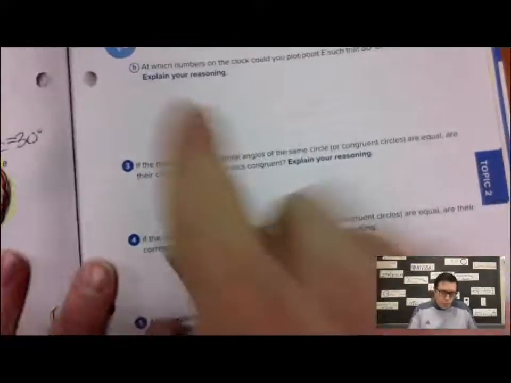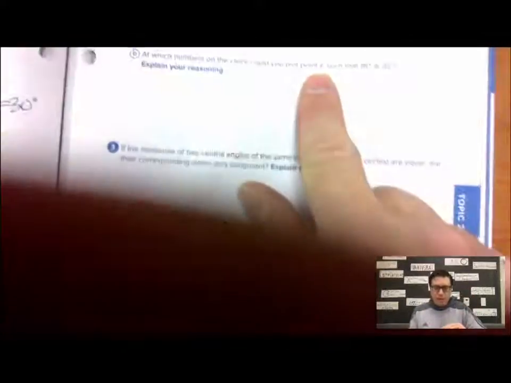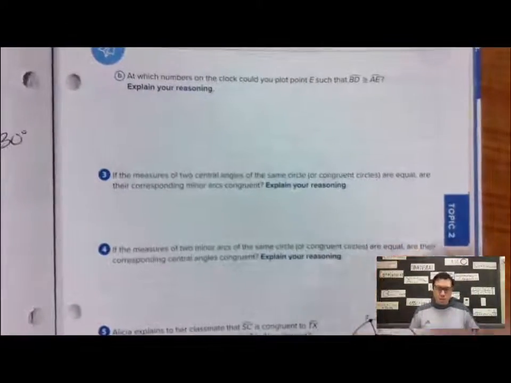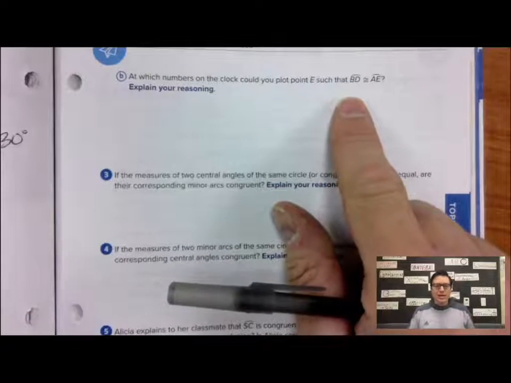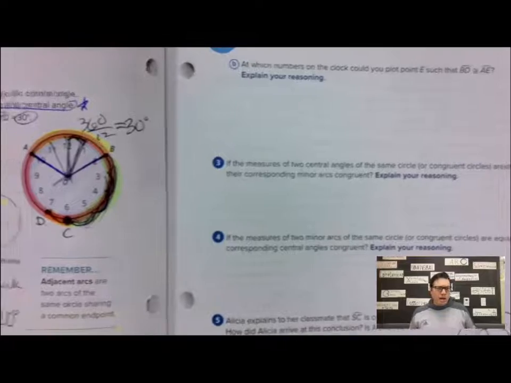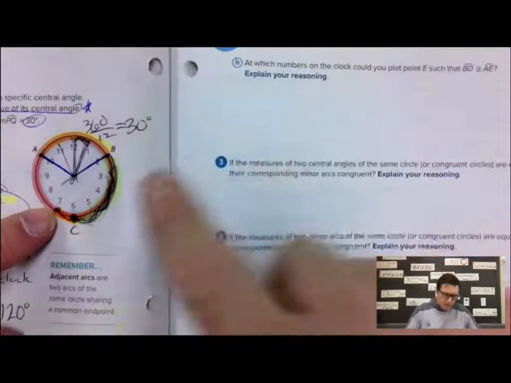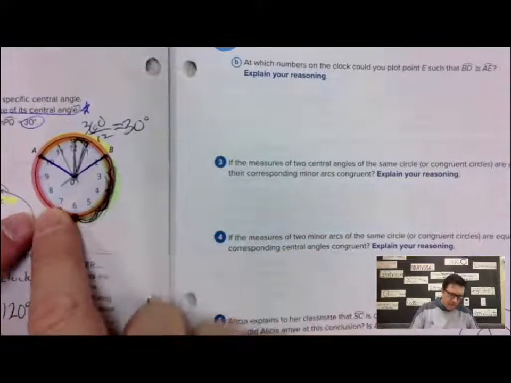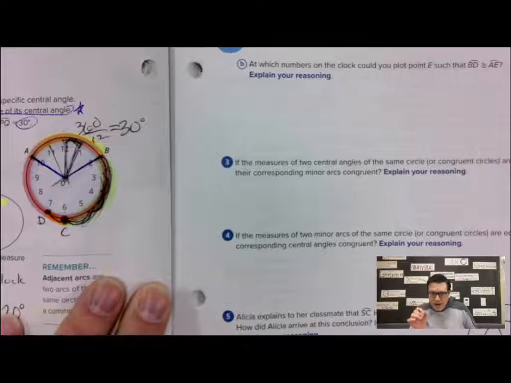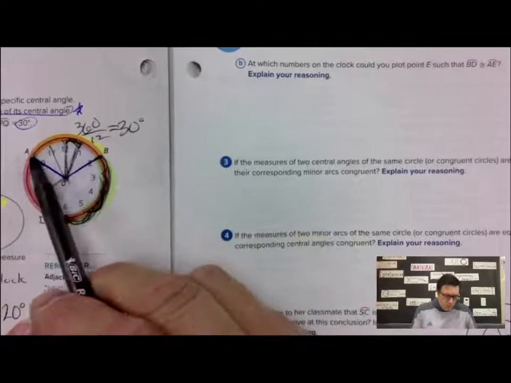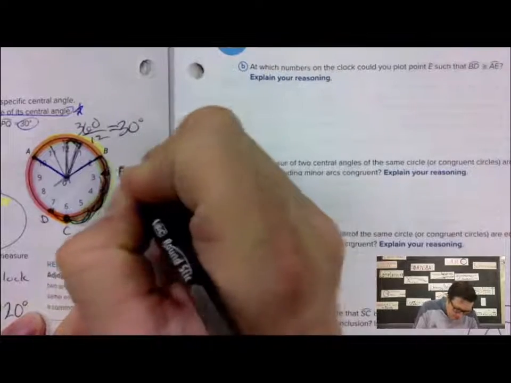Now, at which numbers on the clock could you plot point E? We want a point E that lets us know arc BD is the same as arc AE. I'm going to kind of cheese it because I know how many hours there are between these 2 points: 1, 2, 3, 4, 5. So in order to figure out arc AE that has 5 hours in it, I'm just going to count up: 1, 2, 3, 4, 5.